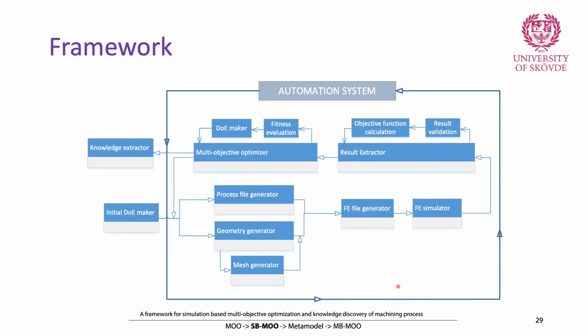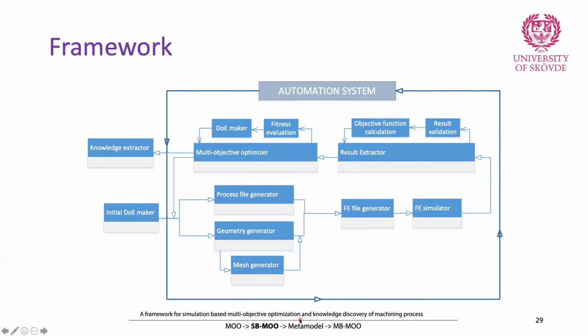It also enabled parallel computing. What I mean by parallel computing is that we had several workstations, a cloud of workstations. This framework could distribute different finite element simulations to different computing stations. So several finite element simulations were running at the same time.